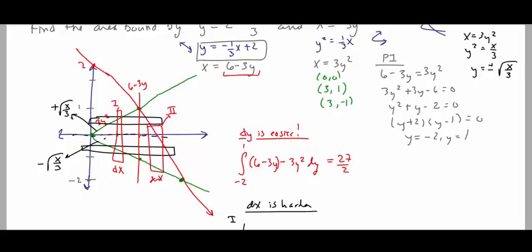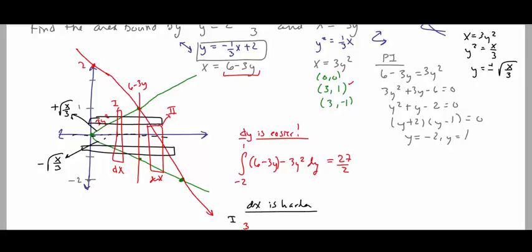Now if you remember, this point of intersection was where y is 1. So where y is 1, I can plug back in and figure out what x is. If y is 1, 1 squared is 1, 1 times 3 is 3. This is the ordered pair 3, 1, which I see right here as well. So this is going to go from 0 to 3.